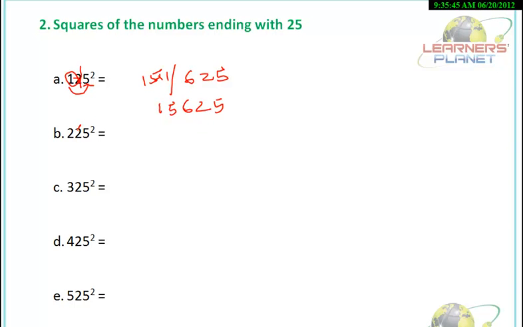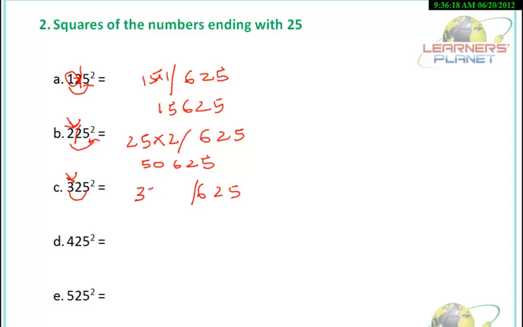So 125 square is 15625. Similarly, in this case, we'll just write 625 as it is, then 25 into 2. So 25 into 2 is 50. 50625. Similarly, 325 square, just write 625 as it is, then 35 3s are, so 35 into 3, that is 105, 625.